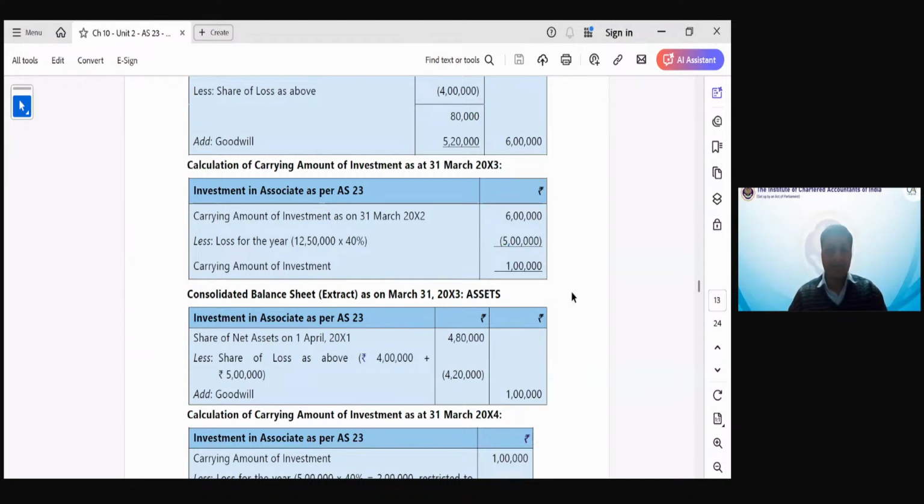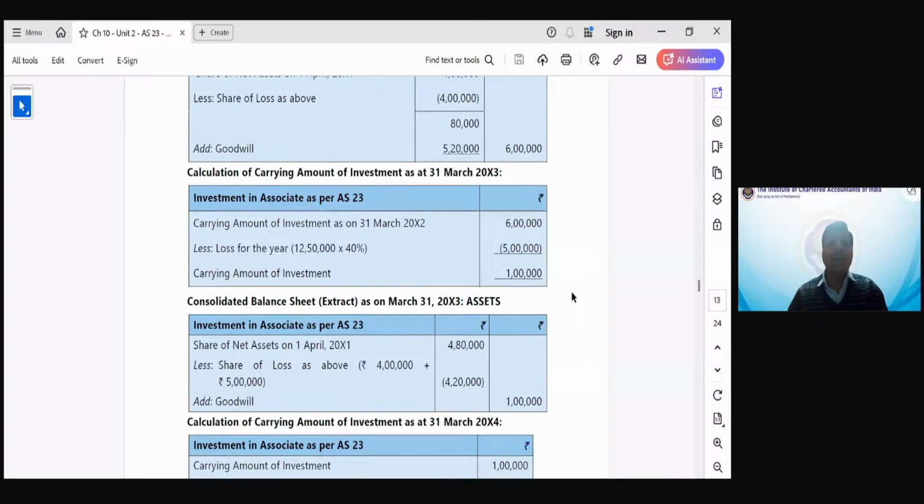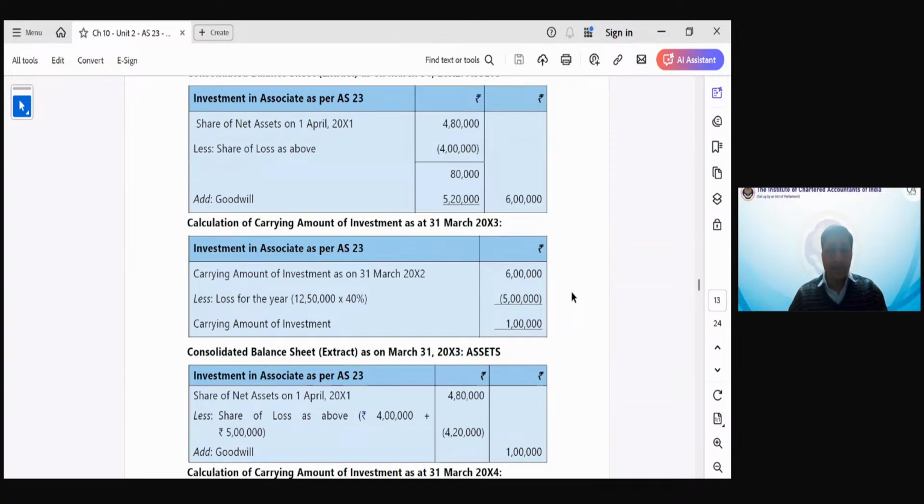Now, to begin with, if you go to the consolidated balance sheet, what is the amount of share of net assets? That is 80,000. You may say it's 480, but that's for the calculation purposes only.